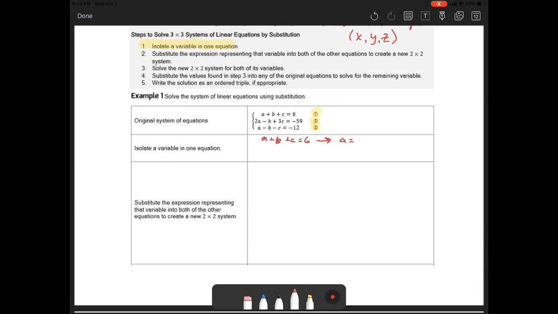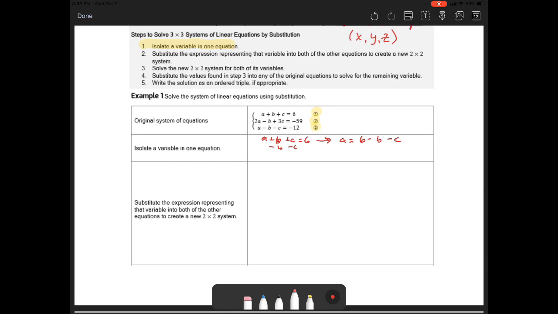So my equation is going to become a equals 6 minus b minus c, because if I subtract my b on this side and subtract my c, I get it on this side.